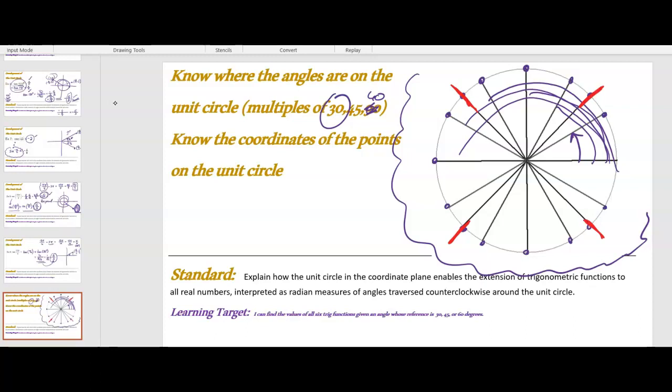So you should know all of the angles in the unit circle, multiples of 30s and 45s, all of the points, and then you should be able to find sine, cosine, tangent, cotangent, secant, cosecant of any of those angle values. Reference angles and coterminal angles, we're kind of bringing it all together.